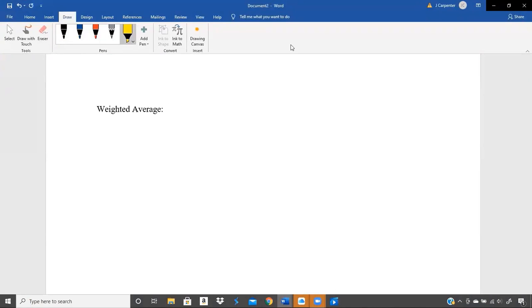We said that the weighted average formula is a bunch of sums in the top and a bunch of sums in the bottom, but there's also products in the top.